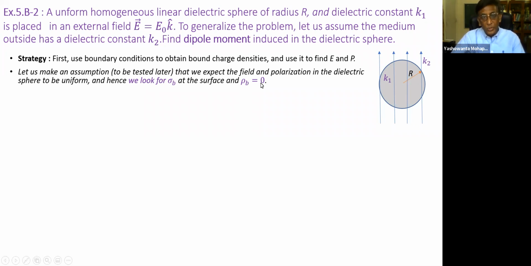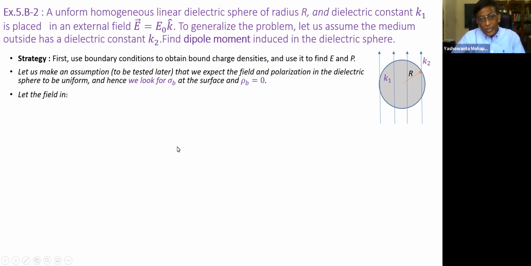So all we need to do is find sigma b at the surface, and from there go on to find what the field and the polarization are. But the crucial assumption is that the field is uniform. Nothing has told me that it will be uniform, but I expect it, and if it turns out that way, then I'll be lucky.